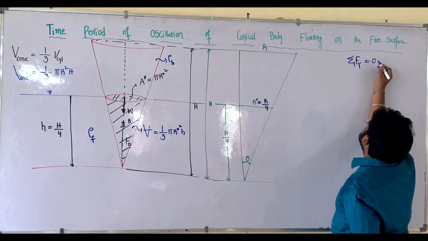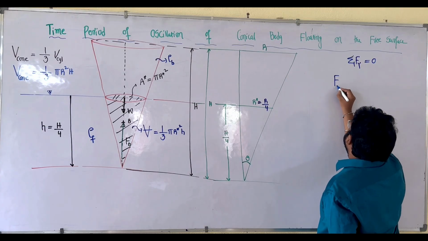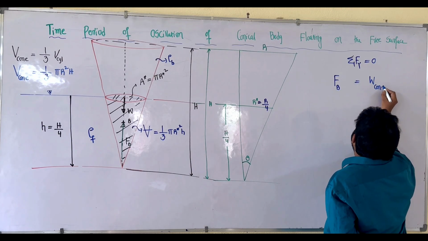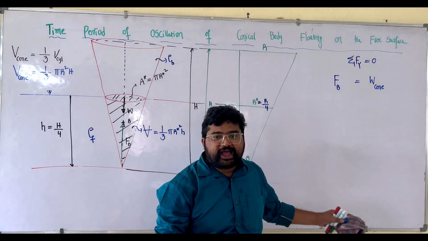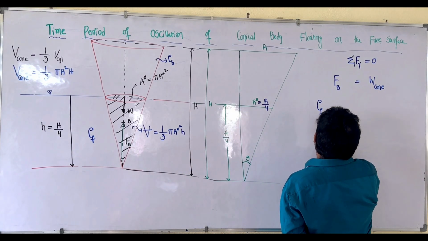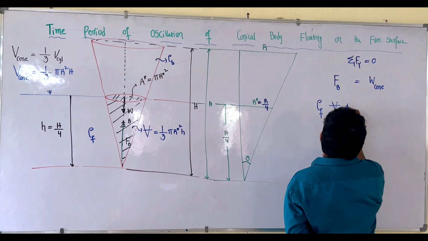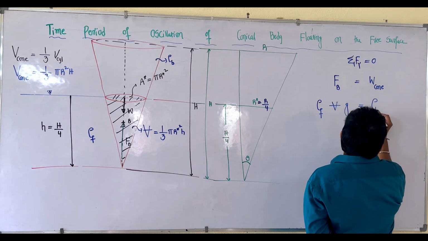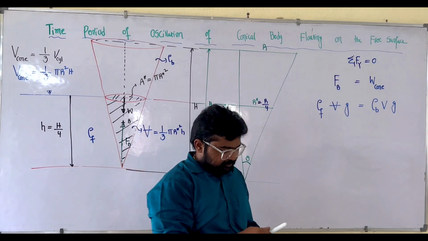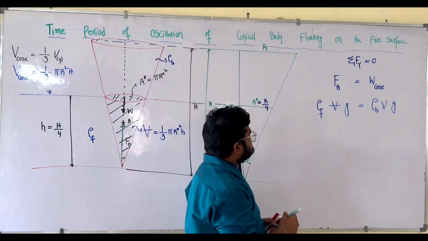Sigma Fy equals 0. Buoyant force equals weight of the conical body. Buoyant force equals how much? Density of the fluid into volume of the fluid displaced into g, equals density of the body into volume of the body into g. Clear?